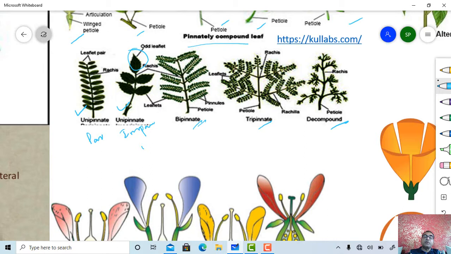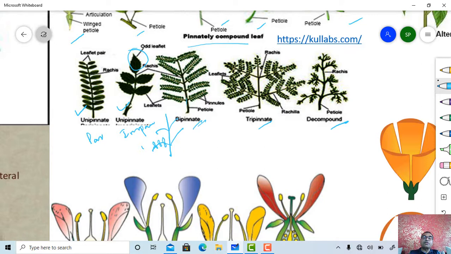Okay, here if you see, in the bipinnate case, a rachis will be present, and on the rachis, a leaflet-bearing rachis is again present. Then it is called bipinnate.